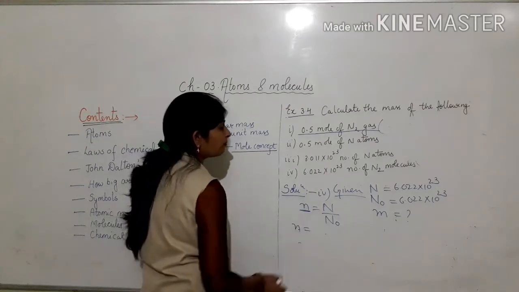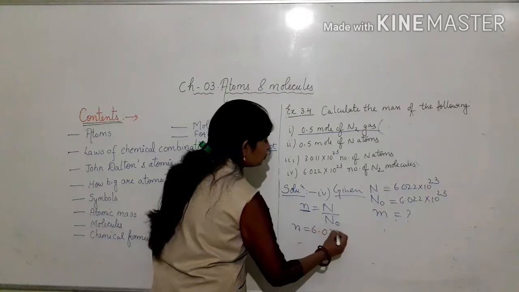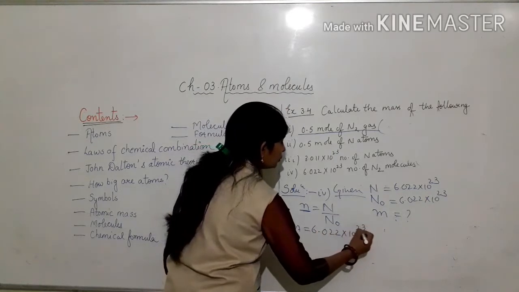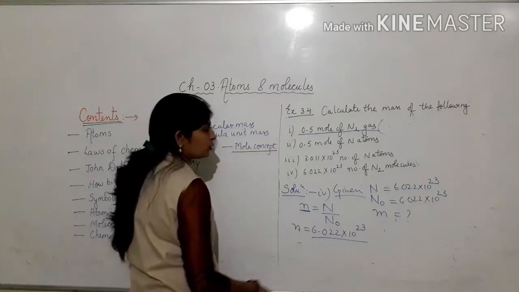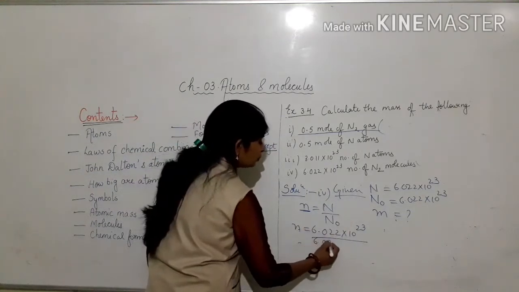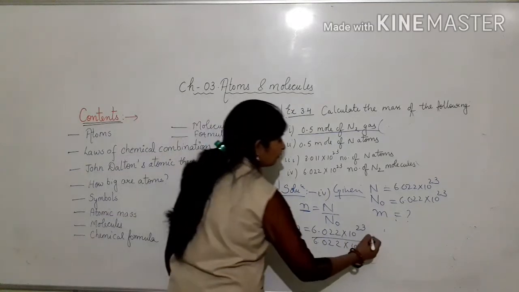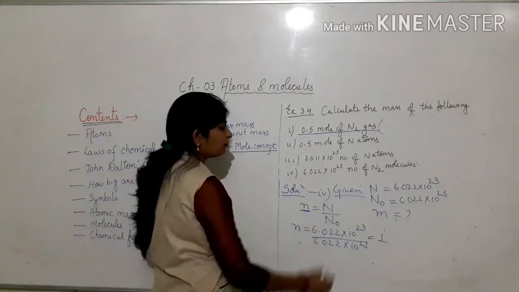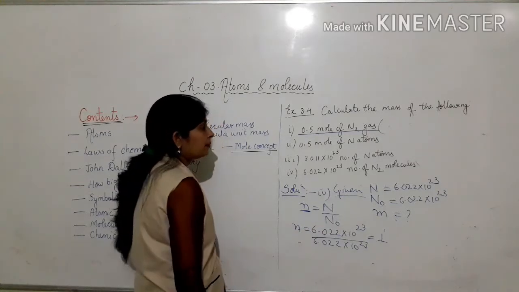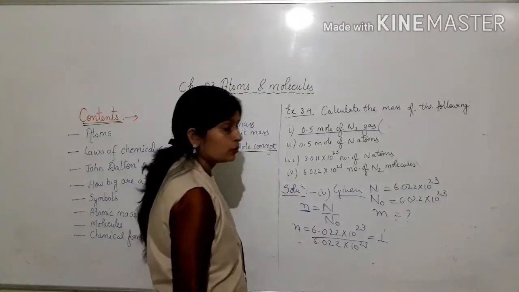Is equal to number of particles, capital N is given 6.022 into 10 to the power 23, upon N naught, Avogadro constant, that is 6.022 into 10 to the power 23. Solve this. We will have value 1. So what is the number of moles? 1 present in these many nitrogen molecules.